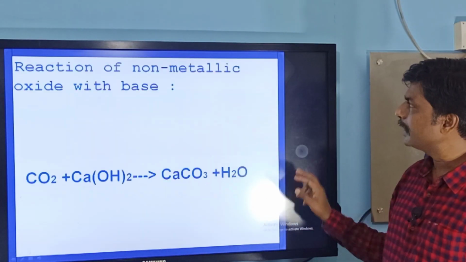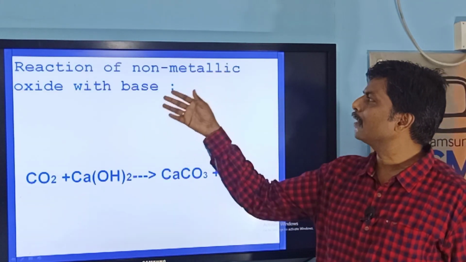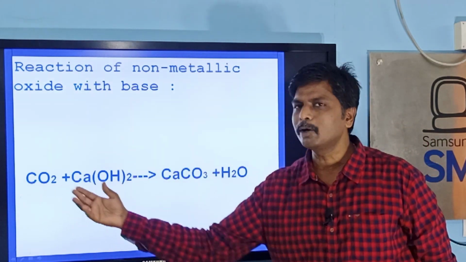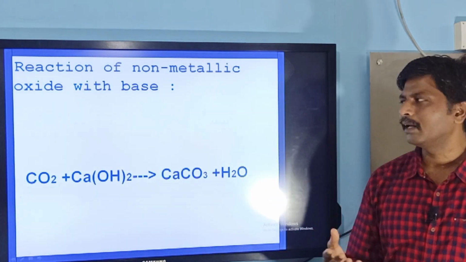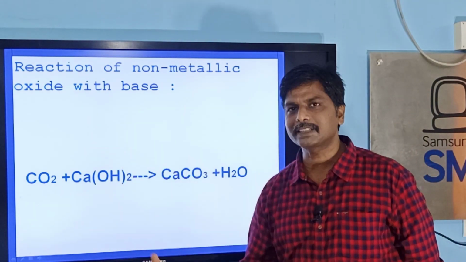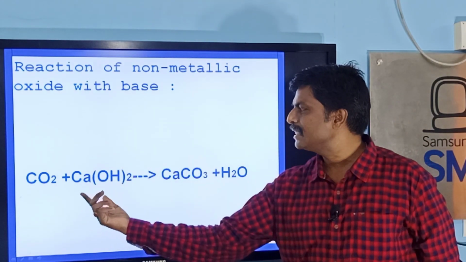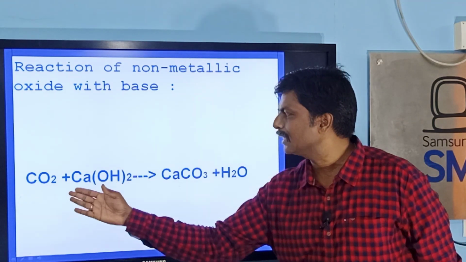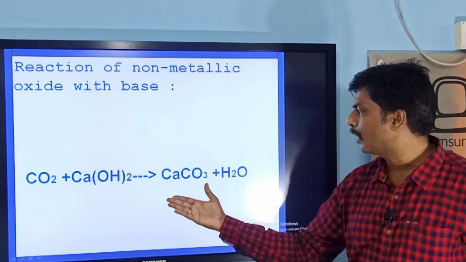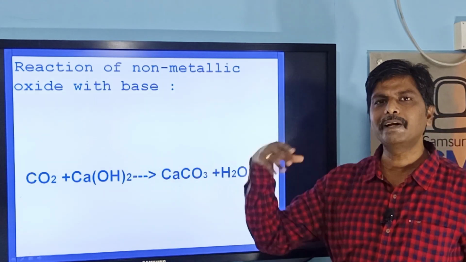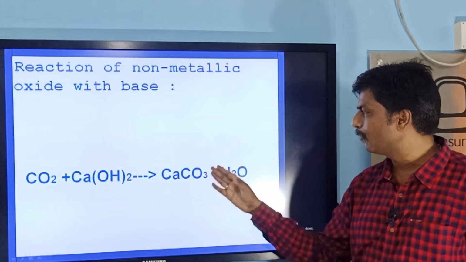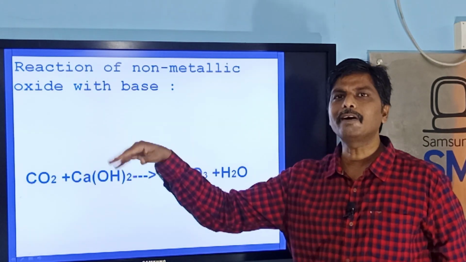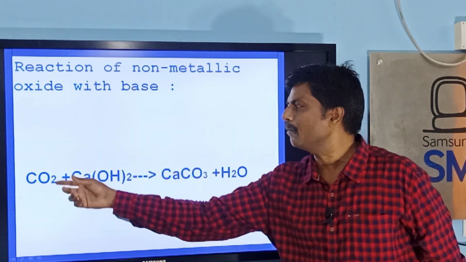So the next property is reaction of non-metallic oxide with base. What is the non-metallic oxide here? CO2. Carbon is a non-metal. Carbon dioxide is a non-metal oxide. What is the base here? Ca(OH)2. So a non-metal oxide reacts with base to form salt and water. It is also similar to neutralization. Salt and water are there. Base is there. Here CO2, a non-metal oxide, is in the place of acid.